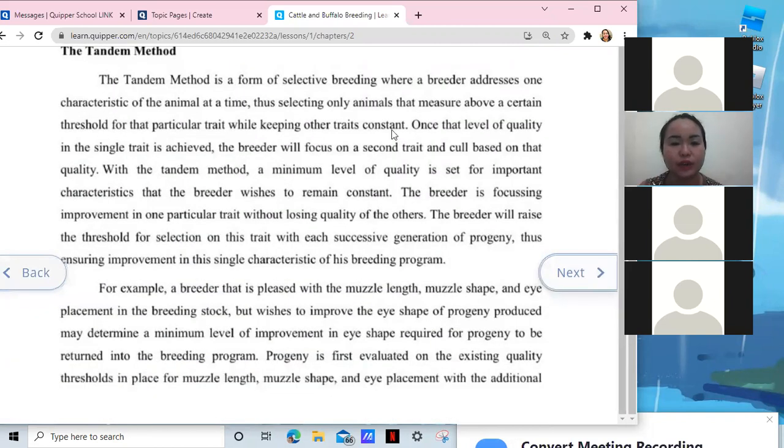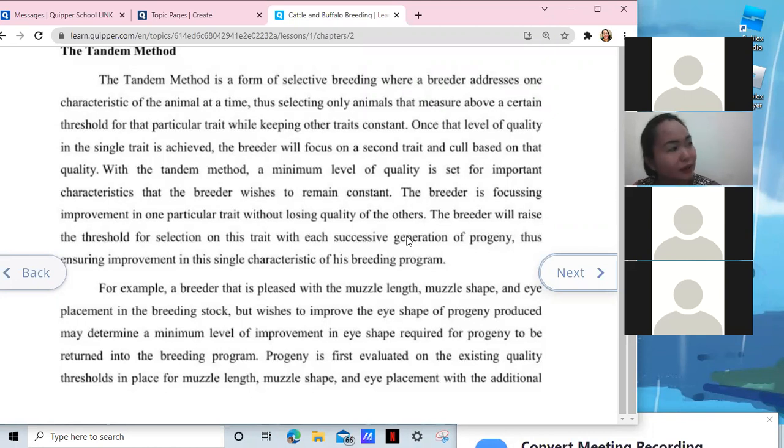Which is also a form of selective breeding where a breeder addresses one characteristic of the animal at a time. So ginapili lang kung unsa yung desirable na quality, but this is more of genetic. There is what we call minimum level of quality set for each characteristic, whichever the breeder wishes to remain. And they focus on the improvement of the particular trait without, of course, losing the quality of others.